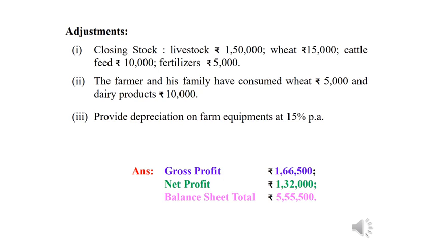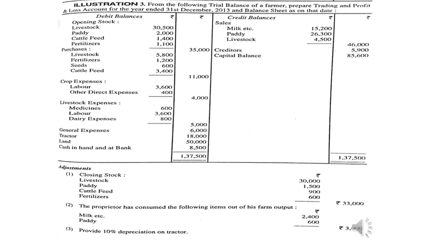Solve it, practice them. I am giving one problem. It has been copied from a book and given as it is. Write down in your books and prepare the accounts. No need to prepare separately.